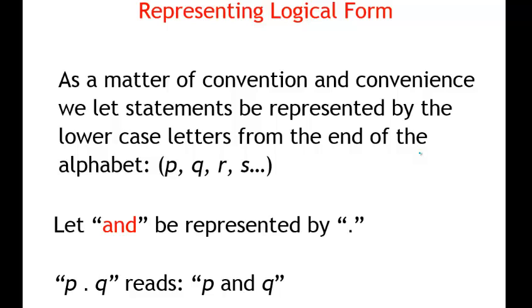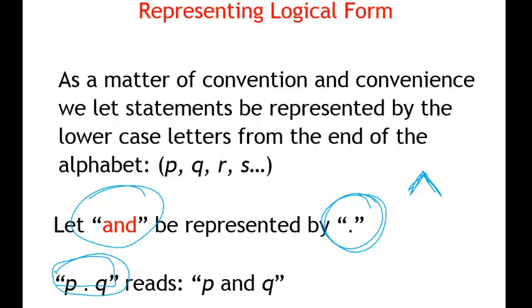And we're going to take the English word and represent it with a dot. Sometimes you'll see an upside down wedge like that, but for us, we'll use the dot. So P dot Q would be read as P and Q. That's just a notational point that we're going to use this dot as the and in our logic.